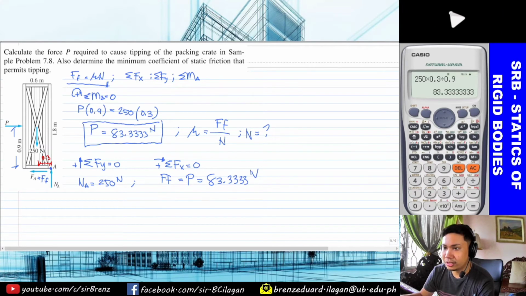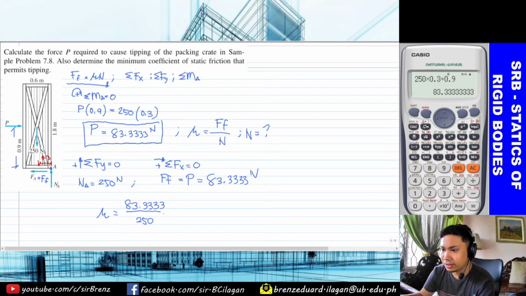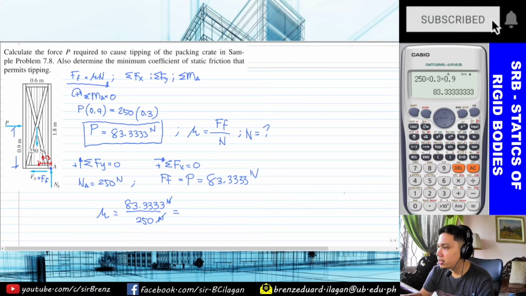Alright, so since given na lahat, we can now solve for the coefficient of static friction. So that is simply equals lang sa 83.333 or yung F sub F divided by yung N mo na 250 Newton. So cancel lang naman yung Newton. Ayan, cancel. So what would be the answer for that?